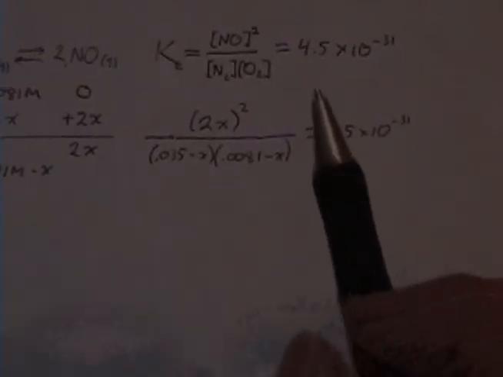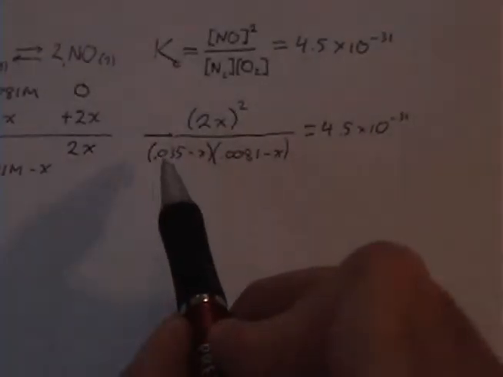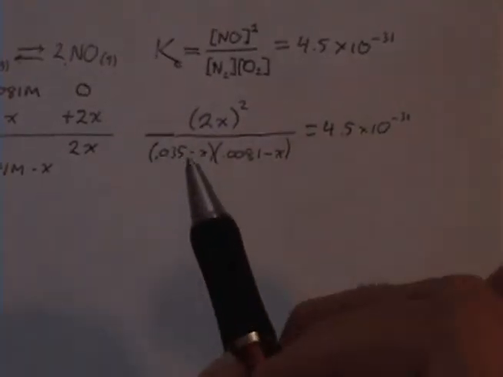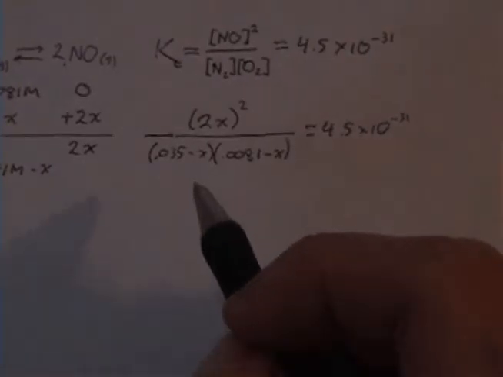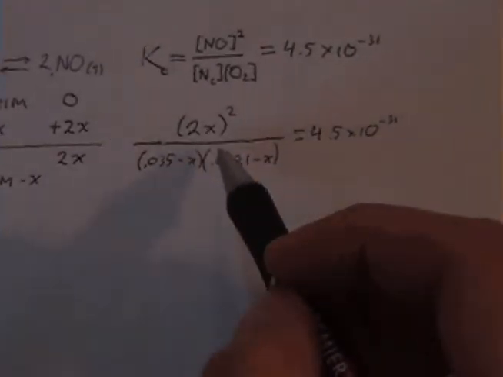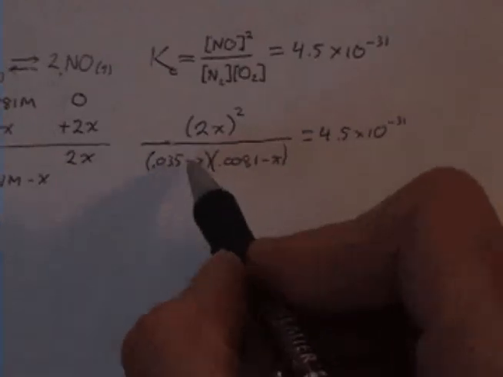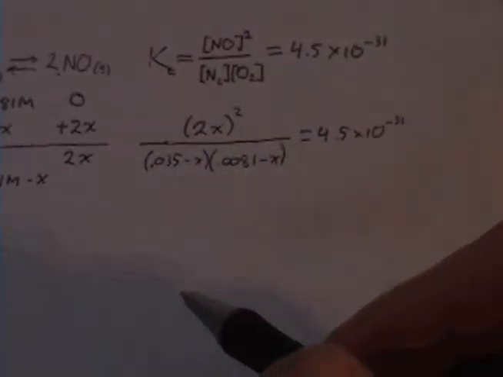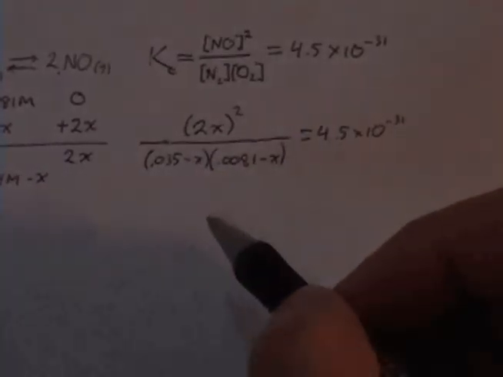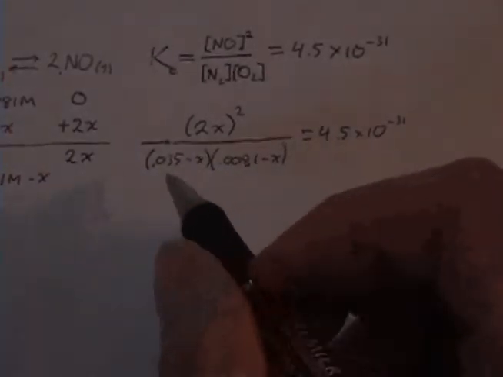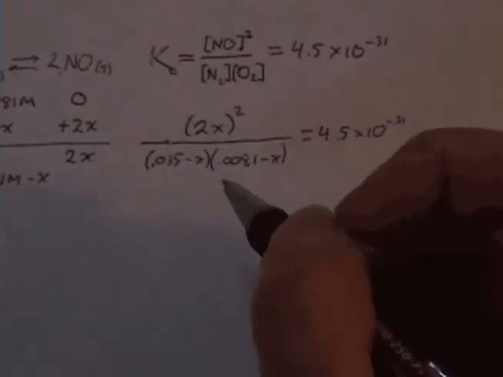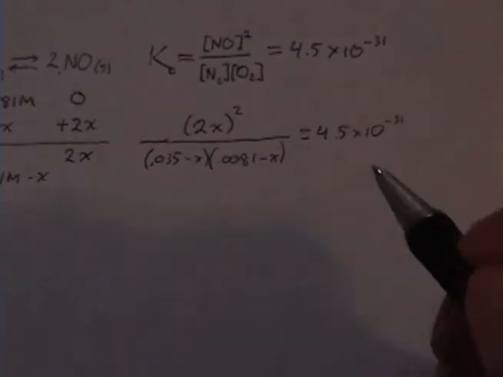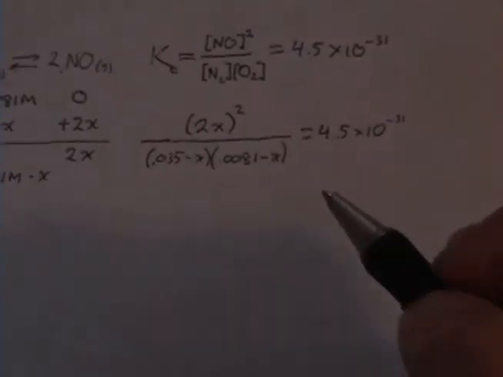The approximation is that compared to 0.035, our value for x is going to be very, very small, small enough that we can ignore it, such that 0.035 minus x will still give us 0.035. It's kind of like taking a 55-gallon barrel of water and subtracting 1 drop. You're not really going to notice it.